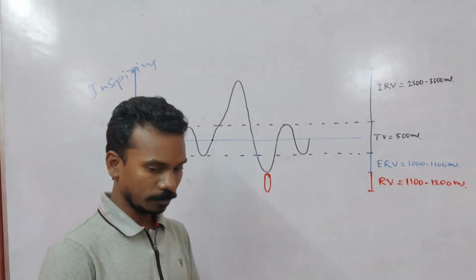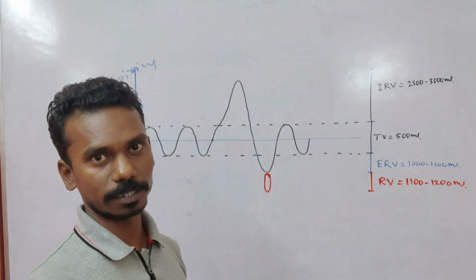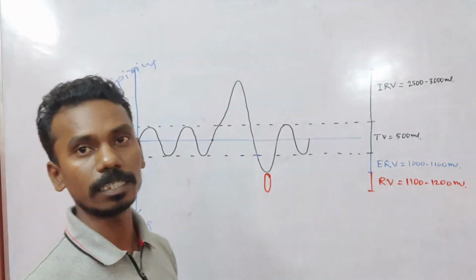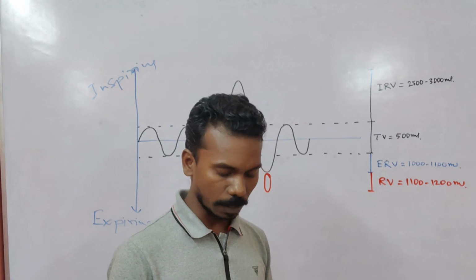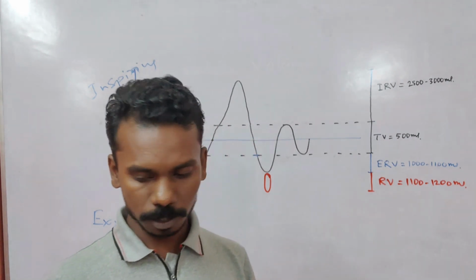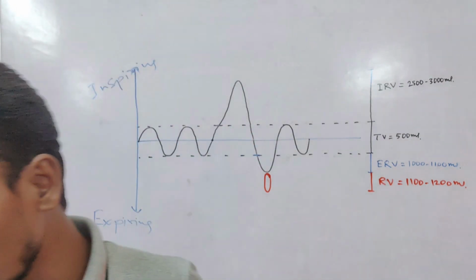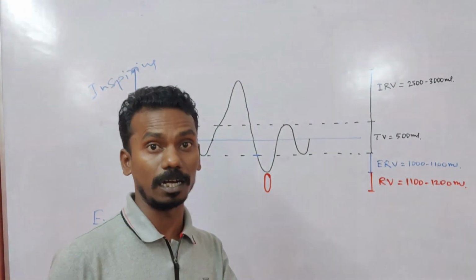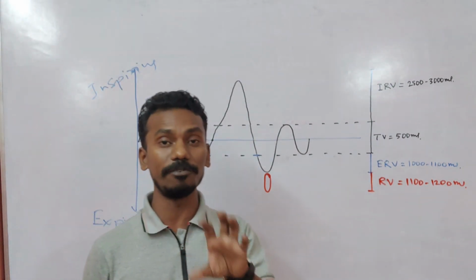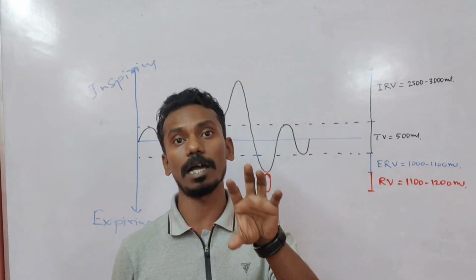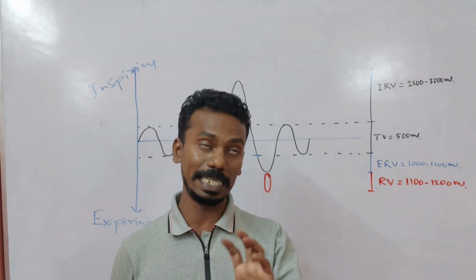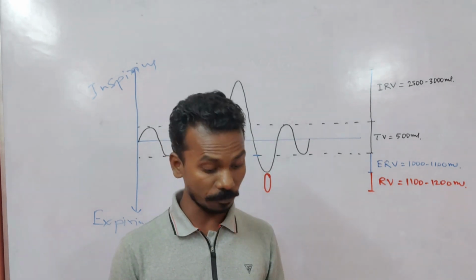These were your volumes. First we have written the respiratory volumes. Now we'll be talking about the lung capacities, the capacity of your lung in which you can put some amount of air or expel some amount of air.